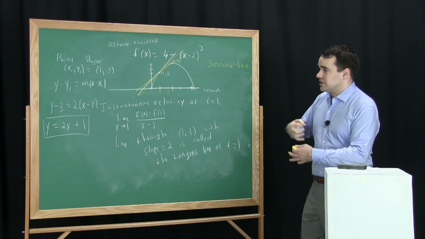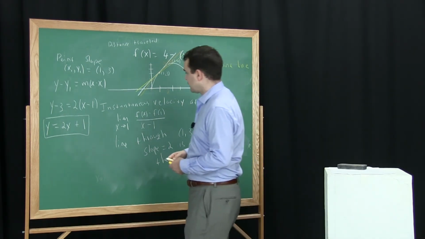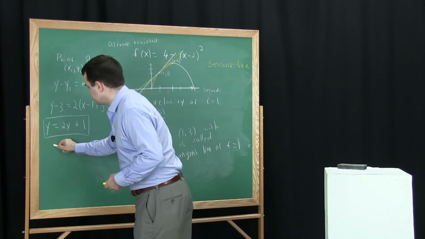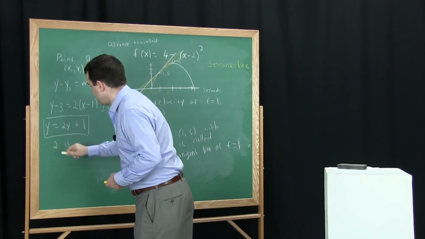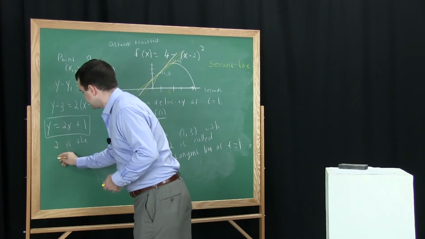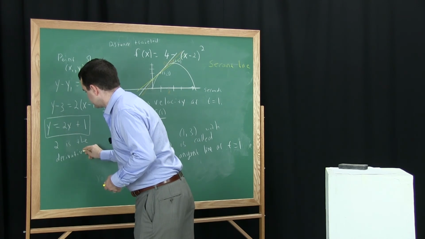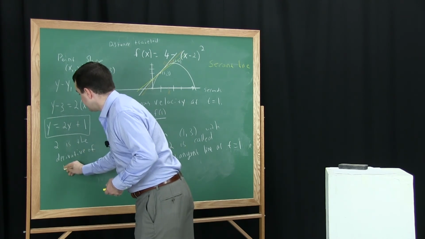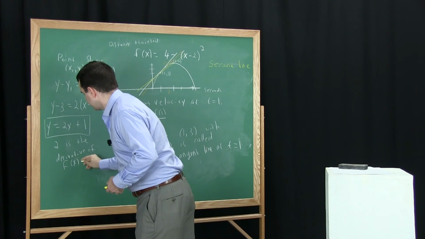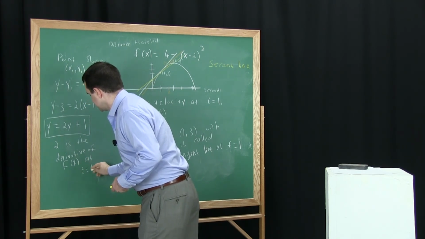And just another quick terminology. We call that instantaneous velocity, 2, the derivative of f of x at the point t equals 1.